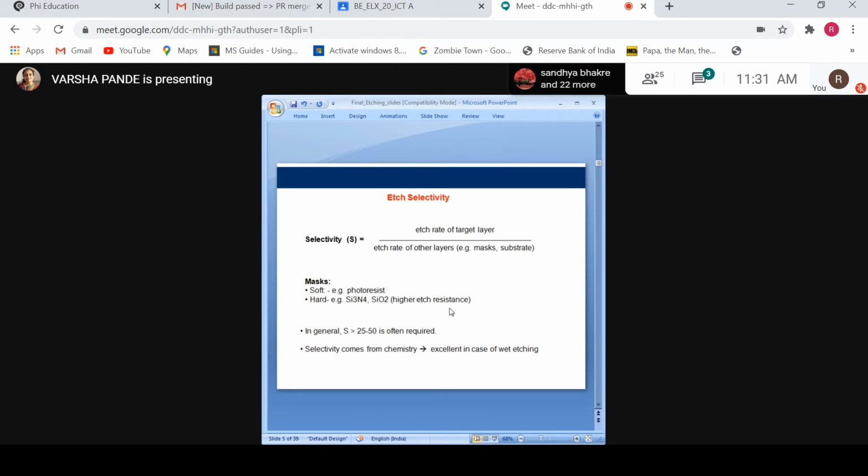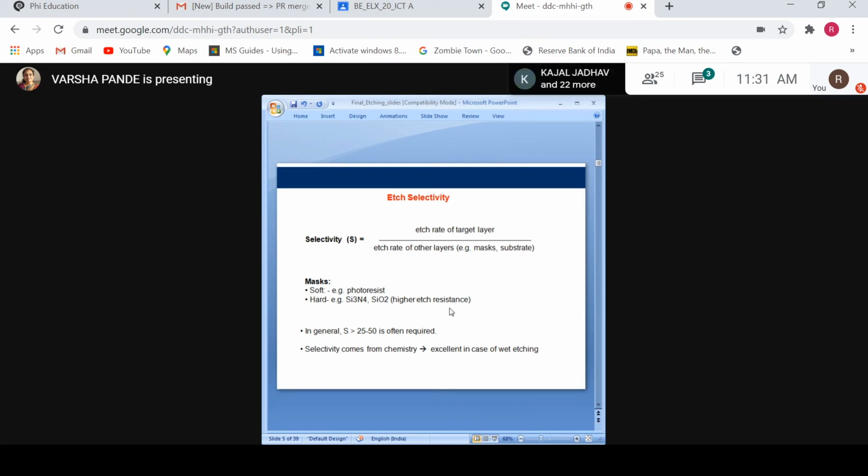Though we want vertical etching, it will etch in the horizontal direction also. That is the drawback of wet etching. It has good selectivity but is isotropic in nature, and therefore under etching happens. So this is wet etching.